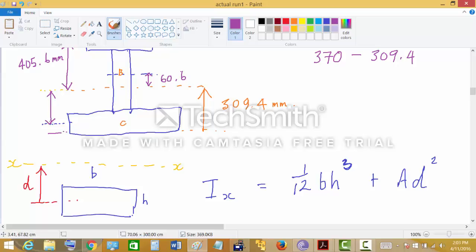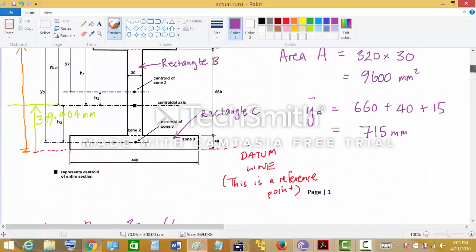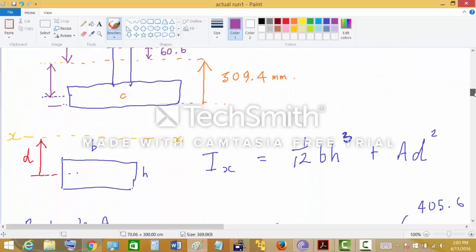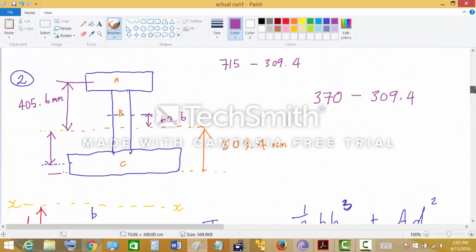Right, and that distance is 309.4, take away 20, which is 289.4 millimeters.